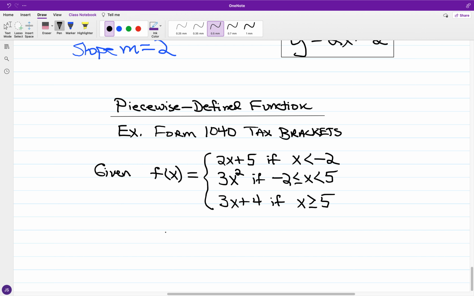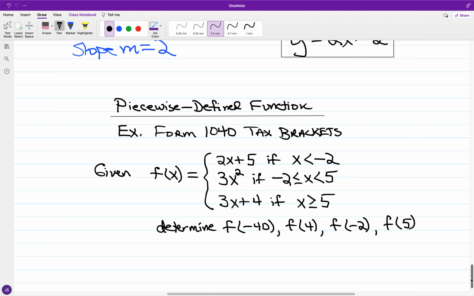Now given this piecewise defined function, let's determine what the y values will be when x is at -40, when x is at 4, also where x is at -2, and also where x is at 5.